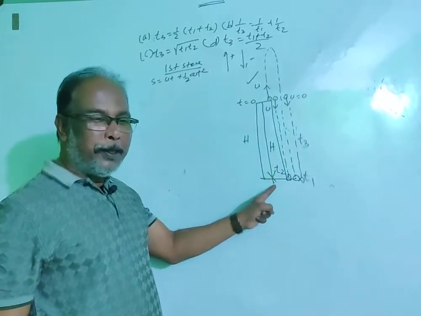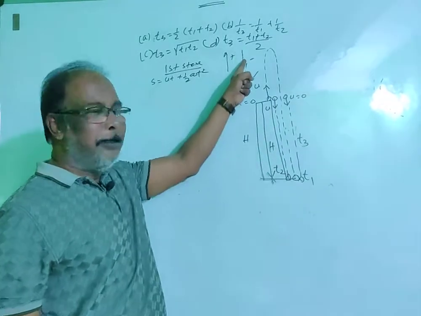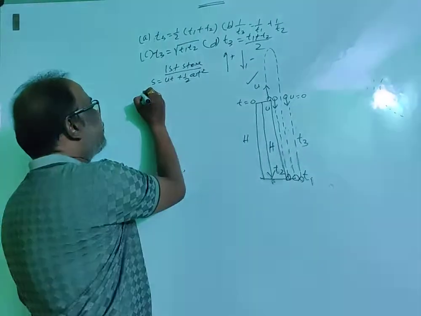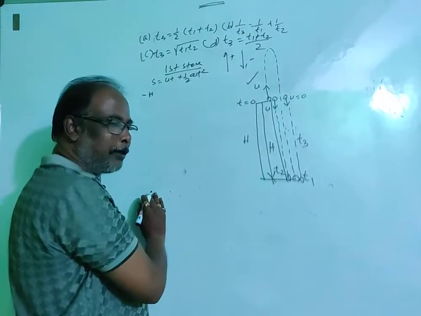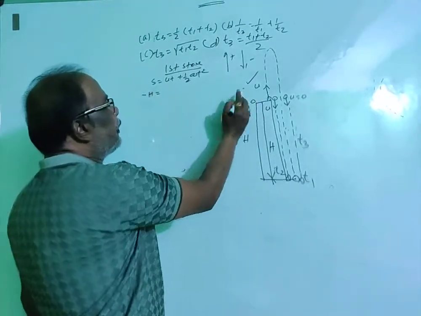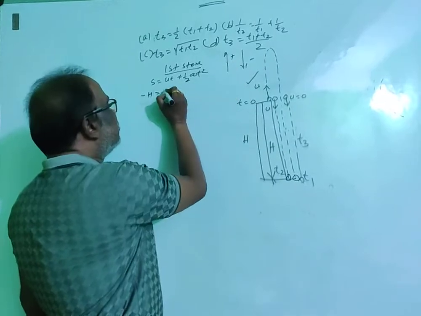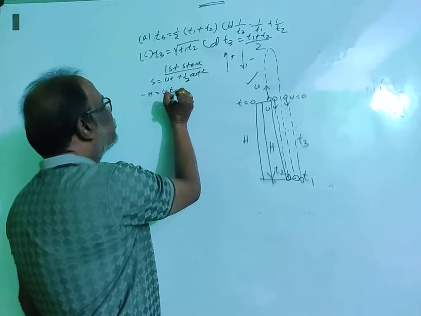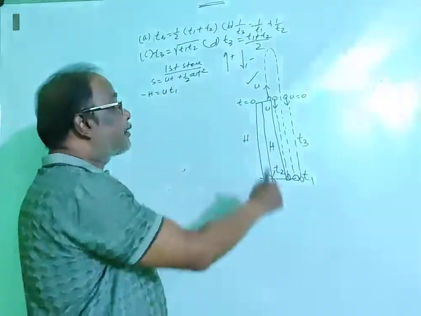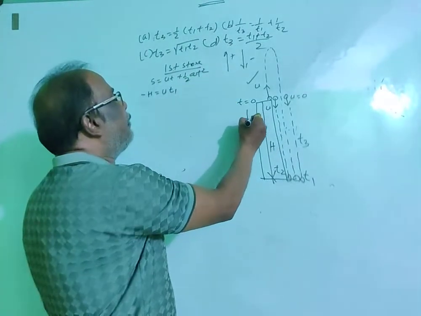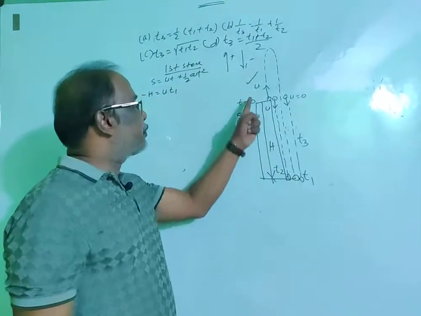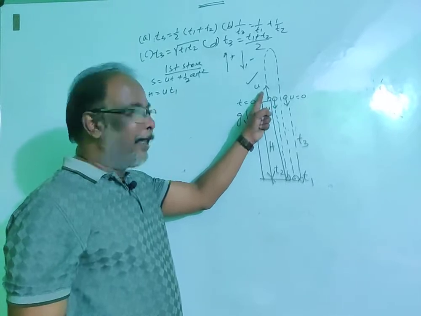So vertical displacement is H in downward direction. So in place of s we may take minus H. u is positive in upward direction. Time is t1. Acceleration due to gravity is in downward direction, means opposite to initial direction.